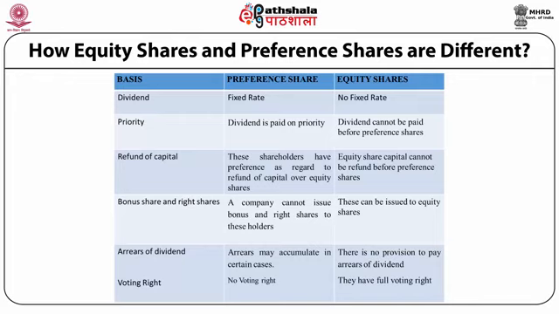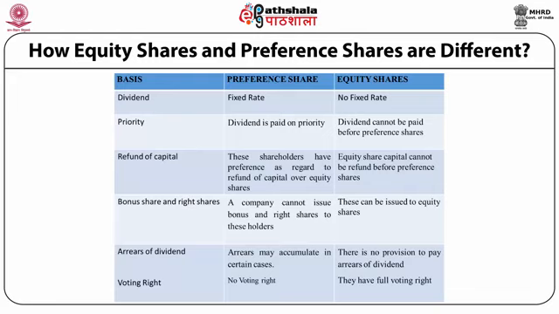Dividend cannot be paid to the equity shareholders before preference shareholders. Refund of capital. Preference shareholders have preference as regards refund of capital over equity shareholders. Equity share capital cannot be refunded before preference shares.